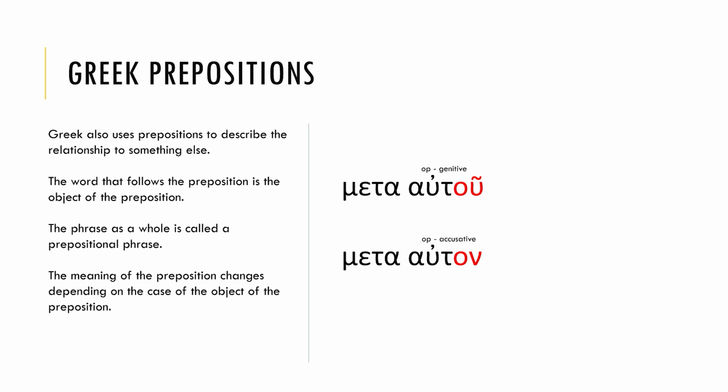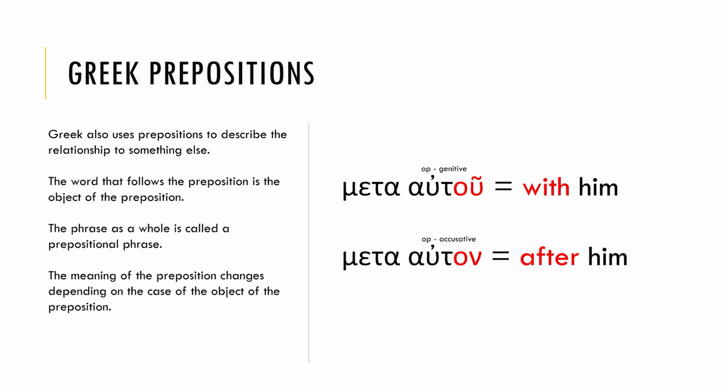All right. So when we're translating this, what ends up happening is when μετά is connected to a genitive, μετά means with. And so what you end up having in that first example, even though it's the exact same words as the next one, is with him. But when μετά in the second example is connected to that accusative αὐτόν, you have after him. μετ' αὐτοῦ means with him. μετ' αὐτόν means after him.